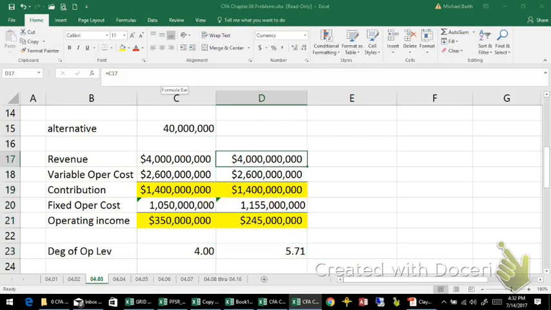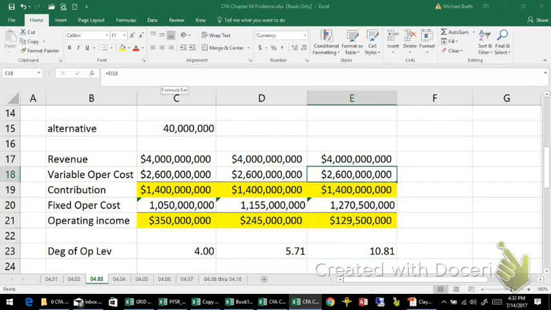By the way, if we were to look at trading some of these variable operating costs, if we could convert them to fixed, let's say we could change this from 2.6 billion to 1.6 billion by converting variable costs to fixed costs, so the fixed cost would be 2,050,000,000.